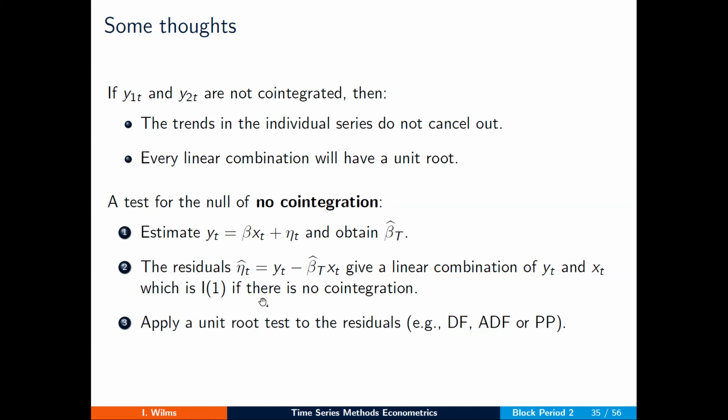So if the residuals would be integrated of order 1, then we would not have cointegration and we would be in the spurious regression framework. If, on the other hand, the residuals would be stationary, then we would have cointegration. So we would like to apply our unit root test on the residuals in order to determine whether we have cointegration or not. And that is also what we will do.